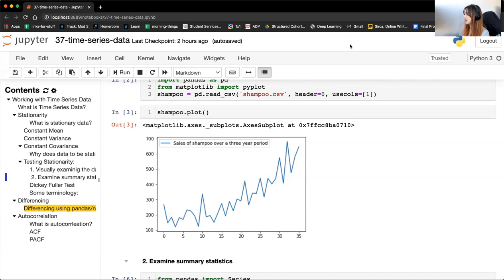However, if something is more of this kind of shape, and those who are familiar with calculus, this is more like a quadratic curve, then you would want to difference your data another time and you could achieve even more stationarity. So just something to keep in mind, not super important to internalize this, but if you're familiar with calculus, this will give you an intuition on how much you want to difference your data.